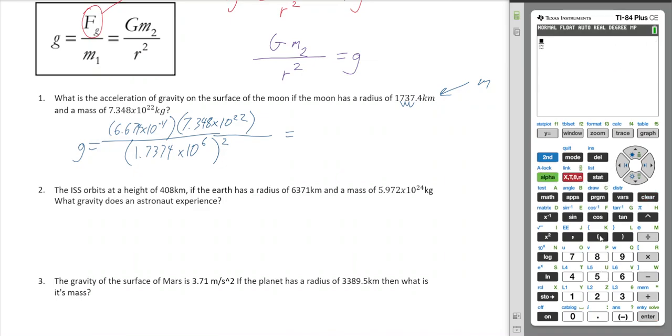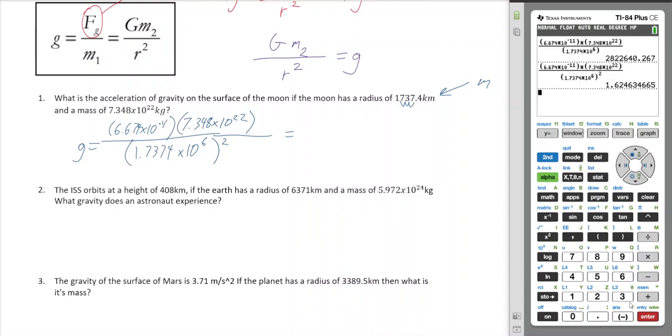Well, let's plug it all in. 6.674 times 10 to the negative 11, times 7.348 times 10 to the exponent 22, and then 1.7374 times 10 to the 6. Oh, I screwed up. I forgot to square it at the bottom. See? I make mistakes too. Okay, there you go.